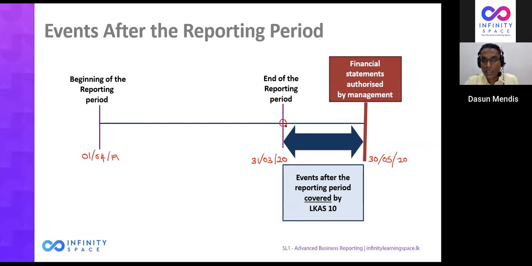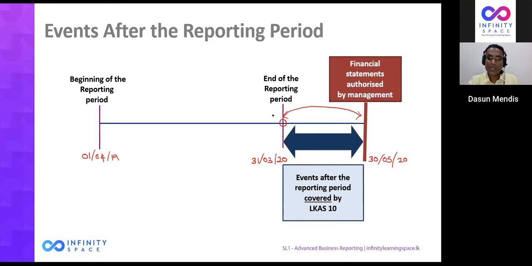So if any event happened during this period from 31st March to 30th May, then as per the standard, we need to decide whether it is an adjusting event or a non-adjusting event, because the period covered by LKAS 10 is from the date of the reporting period to the date where the financial statements are authorized for issue by the management. So all the events happening during this period, you need to consider as either an adjusting event or a non-adjusting event.